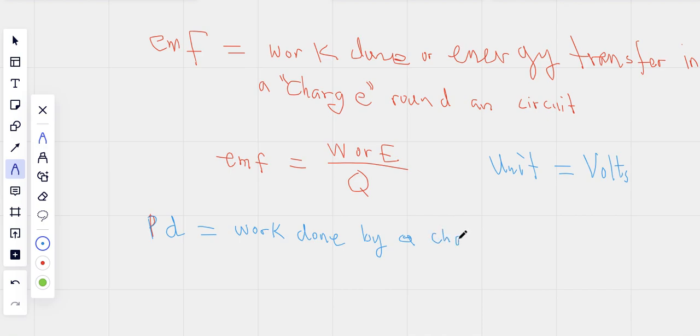The charge that is traveling is current. So when the current moves across the component, work is done. That work done is what you see when the bulb glows. That work that is done is called the PD. The PD is the work done by a charge when it's moving across the component.